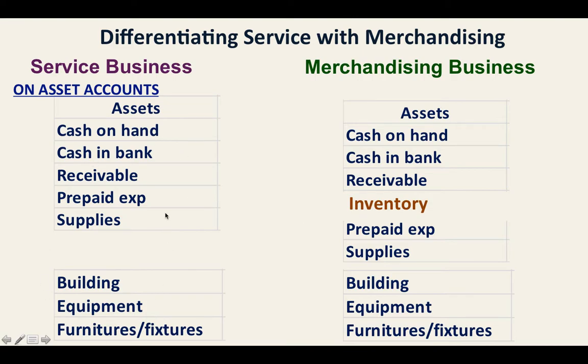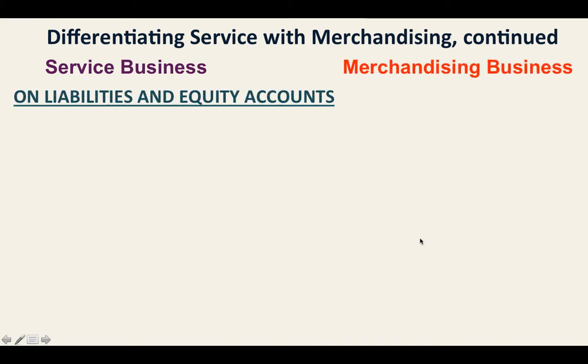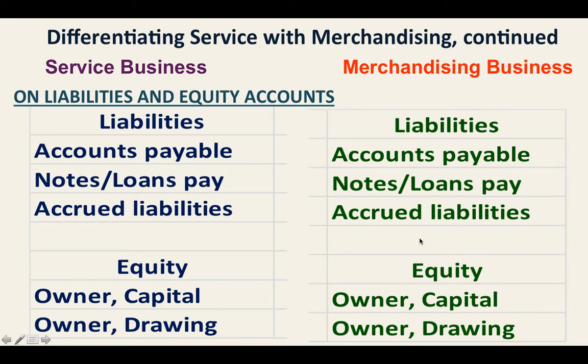You will note, class, that we did not use inventory in service business. But in merchandising business, we will use the account inventory. Next slide. On liabilities and equity accounts, same, there is no difference between service and merchandising business. Next slide.